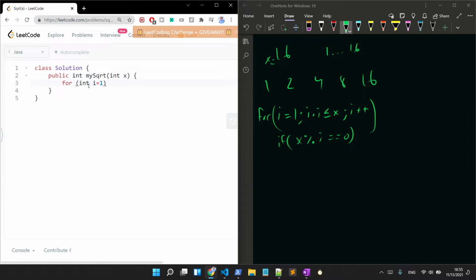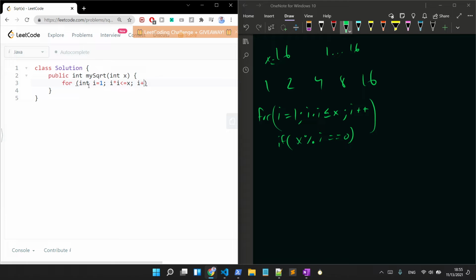So starting at 1, because we don't need to check 0, because 0 is not a factor of any number other than 0, I guess. So we'll do i times i is less than or equal to x, pretty much saying go through all the numbers from 1 up to and including the square root of x. And of course in a perfect square, when we get to this point where i times i equals x, that's our square root that we can then return.